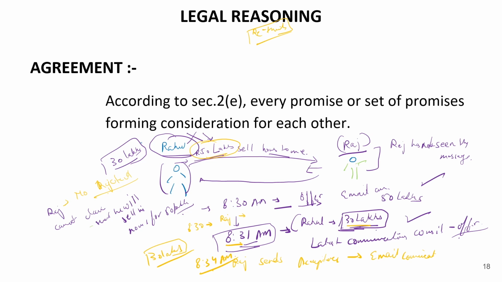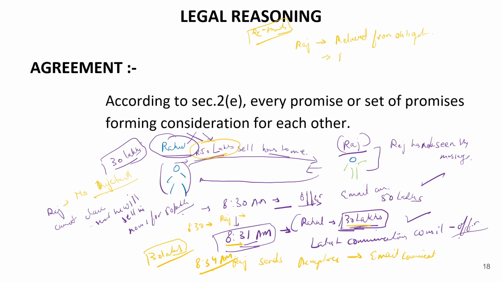How is it possible that Raj can be relieved from such an obligation?